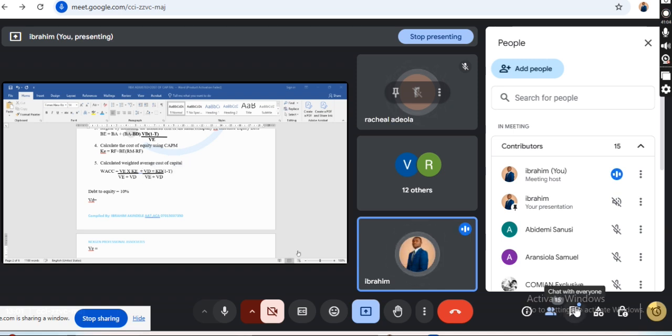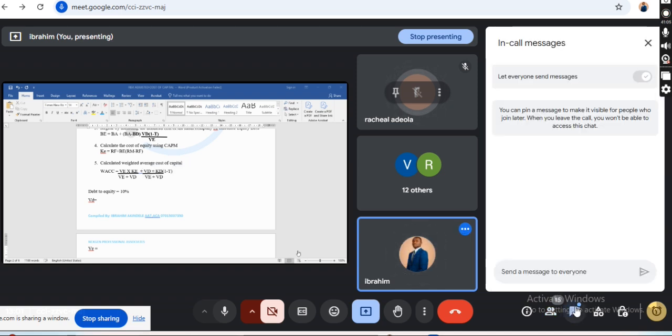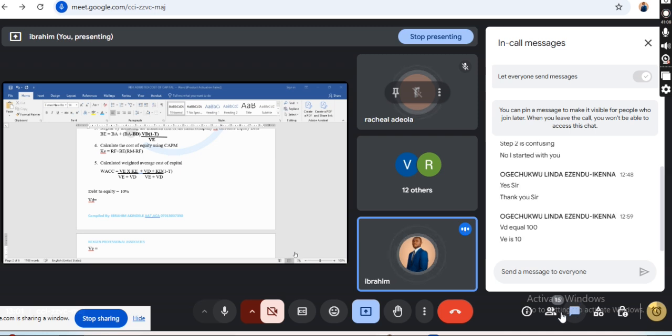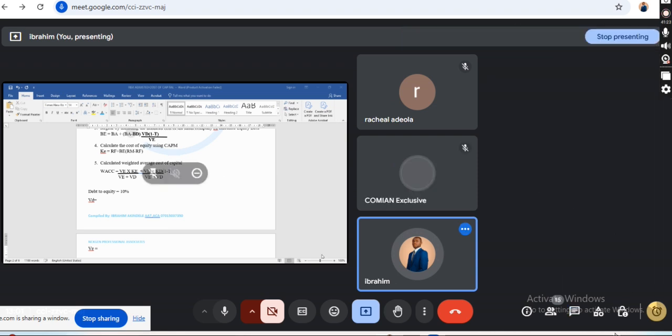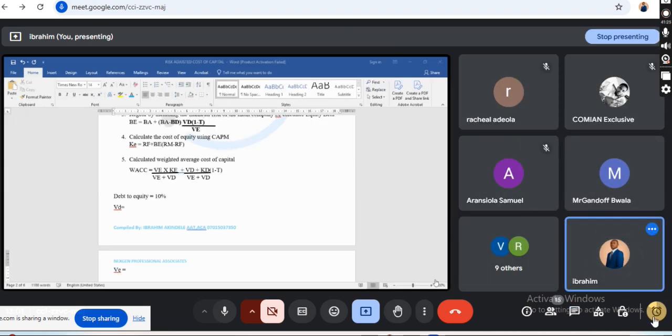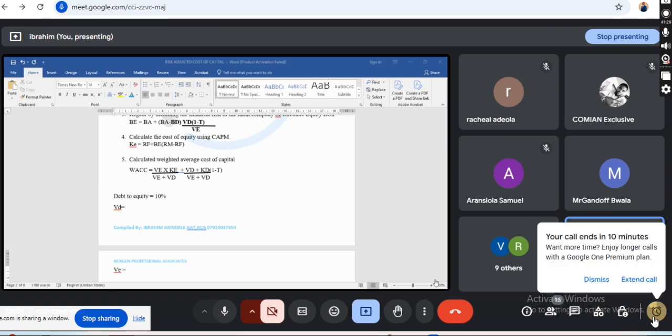Let me check the charts. Someone said the value of debt is 100, then the market value of equity is 10. Now, when you see a question like this about your level of gearing, you want to know the market value of equity as well as your debt.